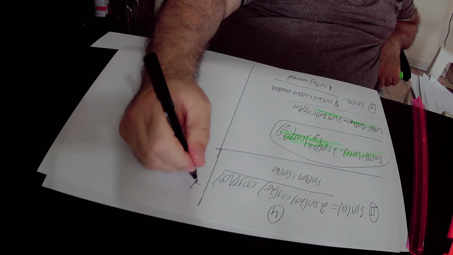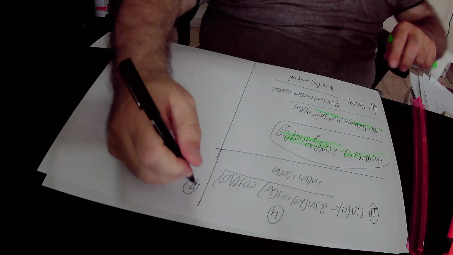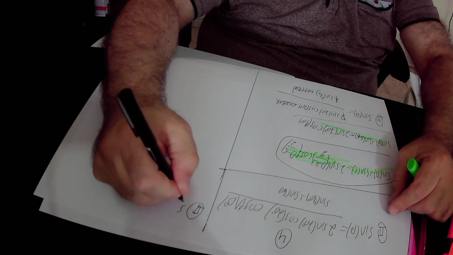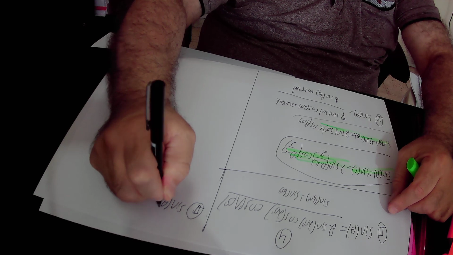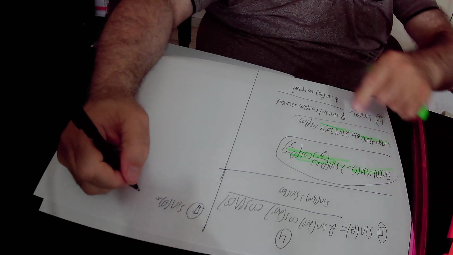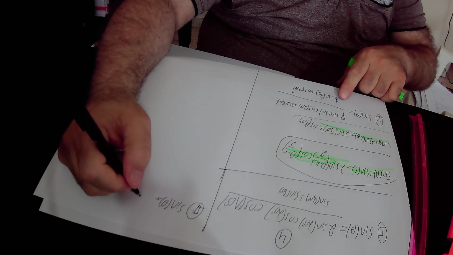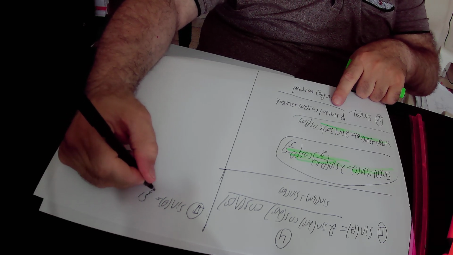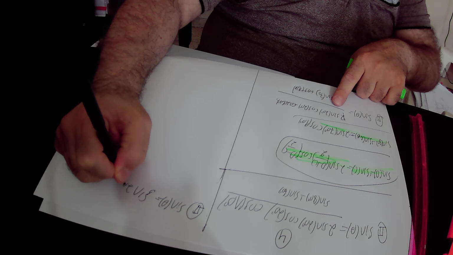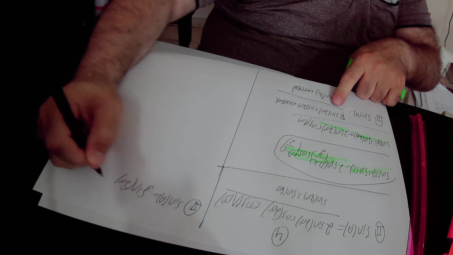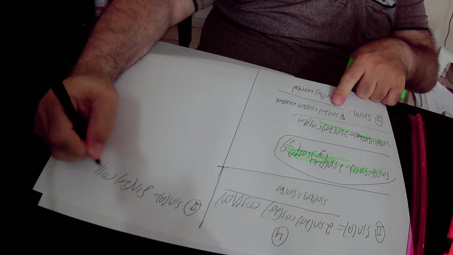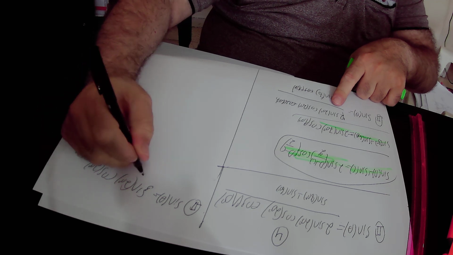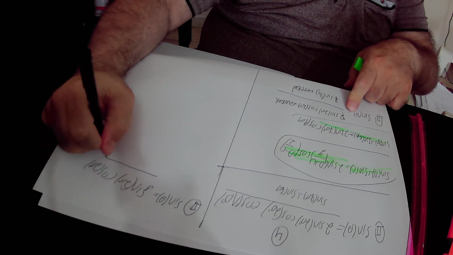According to equation number 2, we found out that sinus theta equals to sinus 20 degrees times cosine 20 degrees over sinus 70 degrees.